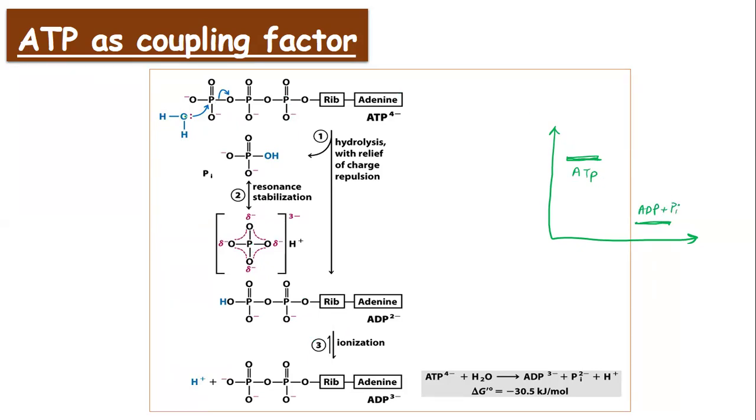So whenever a nucleophile attacks one of the electrophilic centers of ATP, because this ATP is unstable, it will immediately break its structure. It will immediately convert into its products because it is highly unstable.